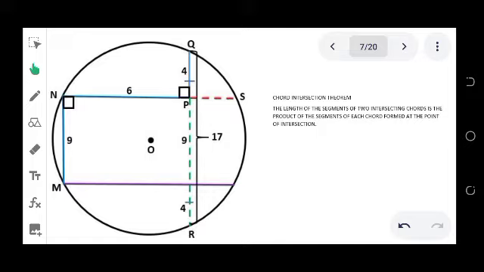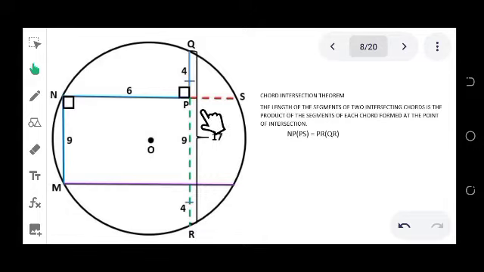So that means the segments of this chord NS, when multiplied, will be equal to the product of the lengths of the segments of chord QR. So that is now NP times PS is equal to PR times QP. It's not QR, but it's QP.